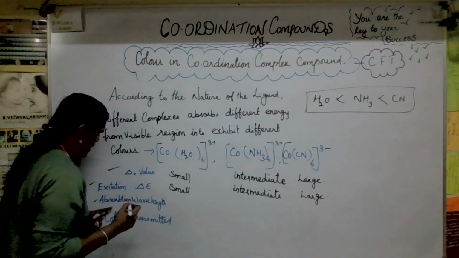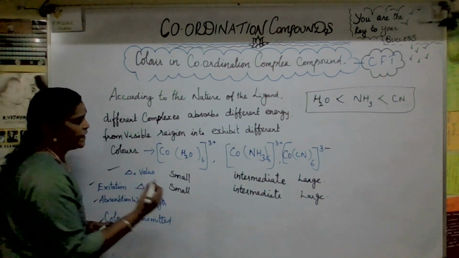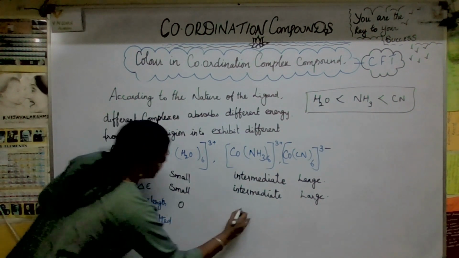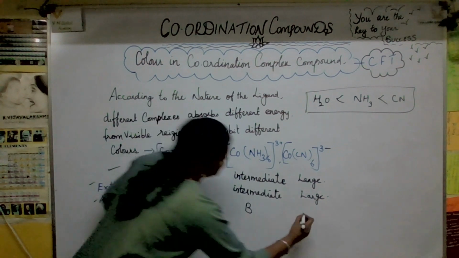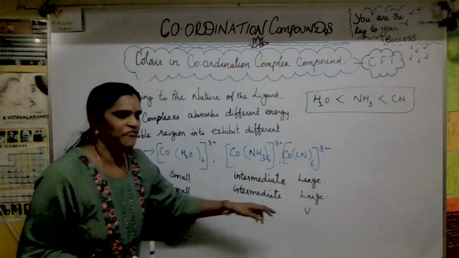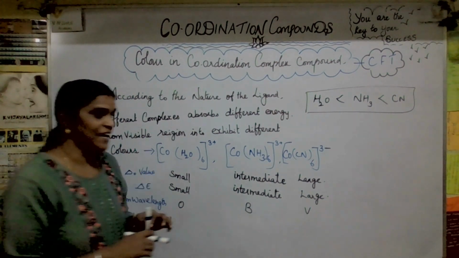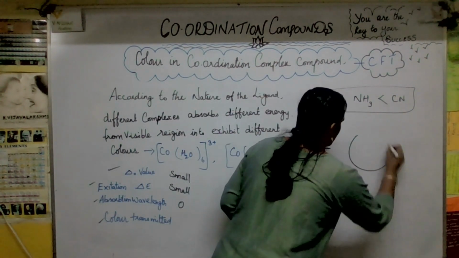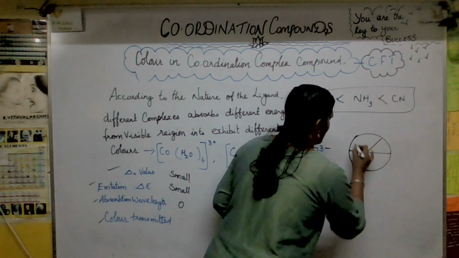Okay, see, absorption wavelength, it is actually VIBGYOR. As I mentioned, with VIBGYOR only, you will come to know the trick. Let us go for the chakra. What is the chakra?